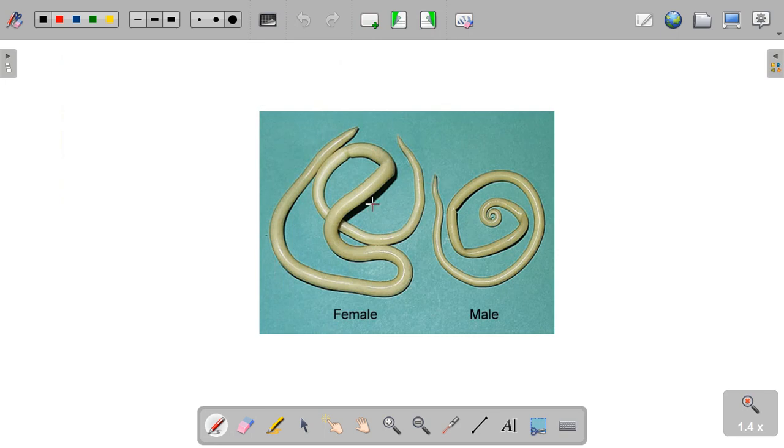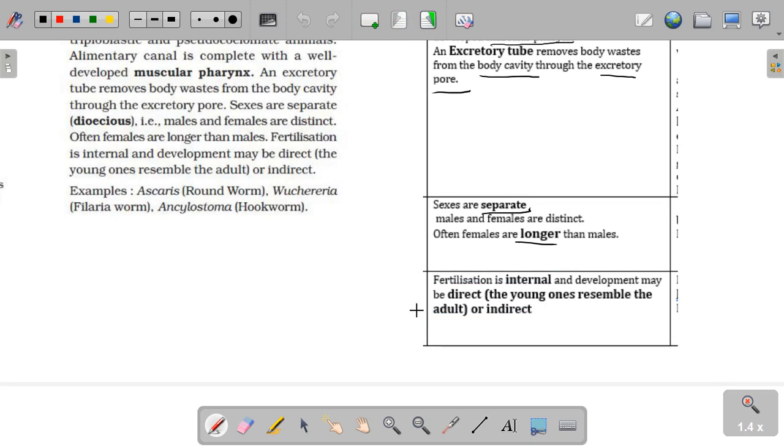Circular, round shaped. And fertilization is internal. Fusion of male and female gametes takes place inside the body. And they have direct development. So the zygote is formed and the young one is formed, and in between they don't have any larval stage. The young ones resemble the adult.